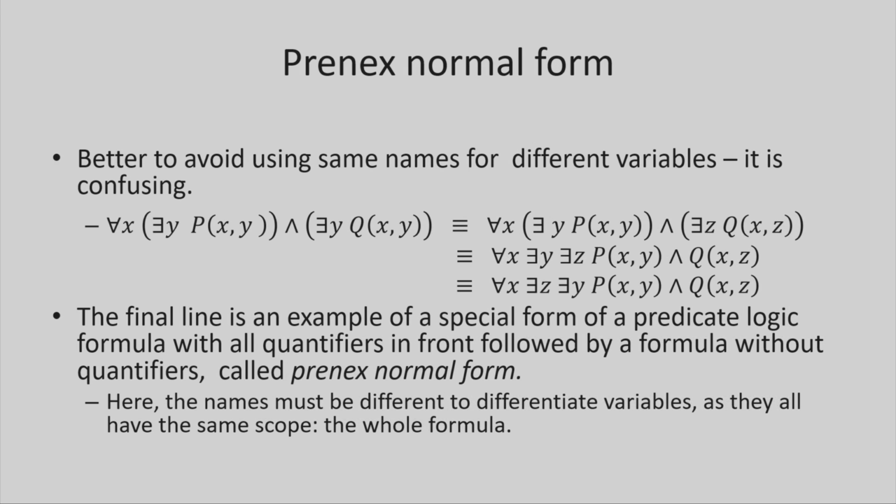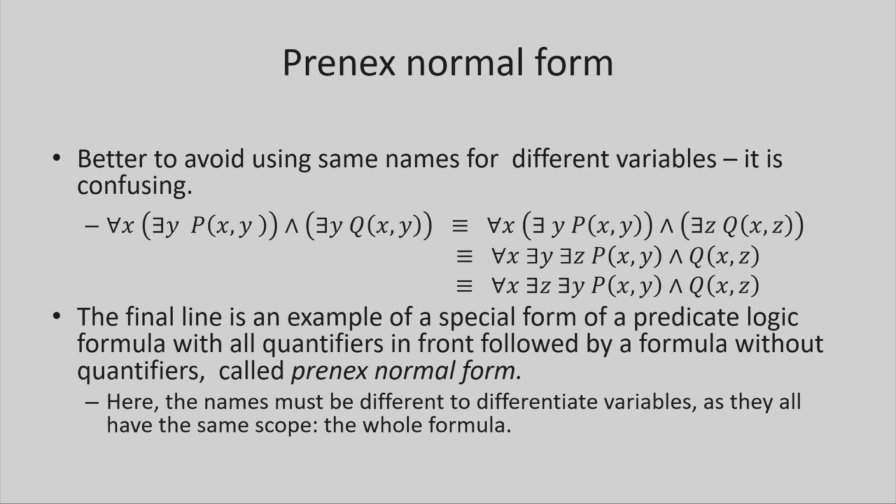The next thing they do is take all the quantifiers and put them in front of the formula, and then have the formula with all of those variables as free variables. This is called the prenex normal form. It avoids a lot of questions about which quantifiers bind which formula, and also saves you some parentheses.